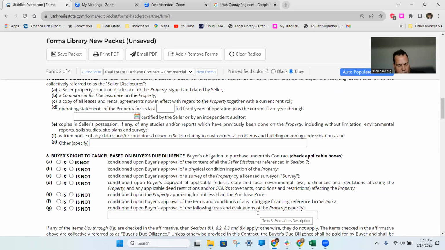Physical inspection. I love Tony Garina and Inspector Tony. He does residential. I want a commercial guy in there that's going to do a commercial inspection. It's going to cost a lot more. It's going to take more time. A survey of the land may be necessary, more so than a residential where there's typically a fence line there, or at least survey stakes. Those are types of steps they want to go through.